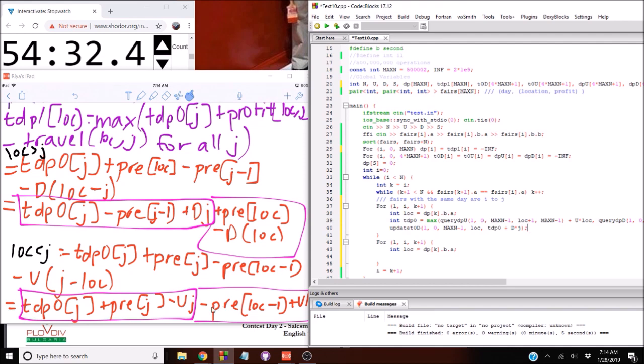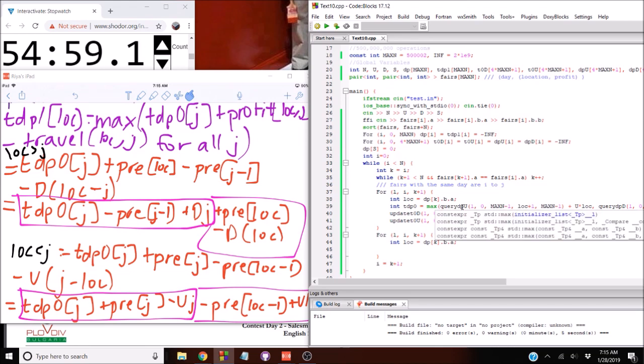And then we also need to update for this bottom one here. Oh, that's T0U equals TDP0 minus U times J. Okay.